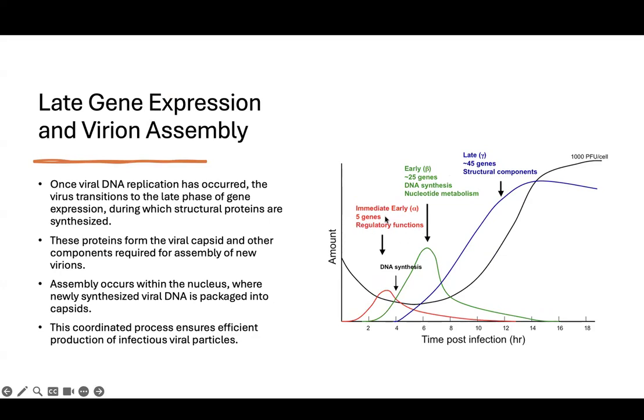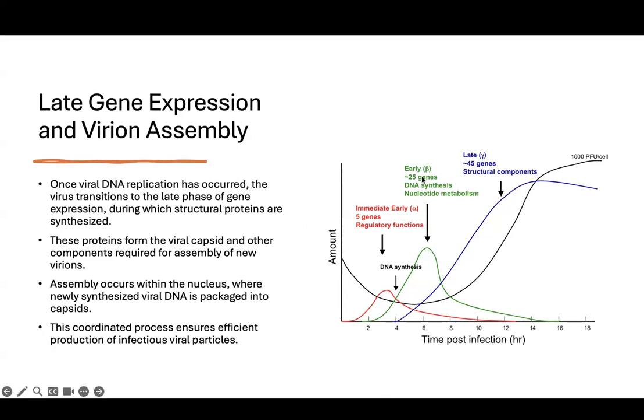They now start the transcription and translation of your early genes, which are around 25. These are all DNA synthesis and nucleotide metabolism genes, enzymes and proteins needed for transcription, translation, and DNA replication.